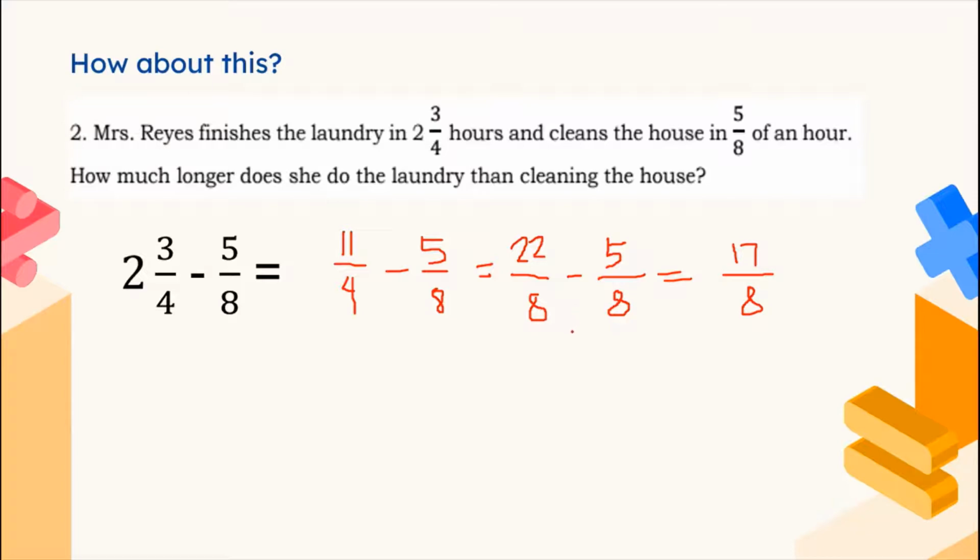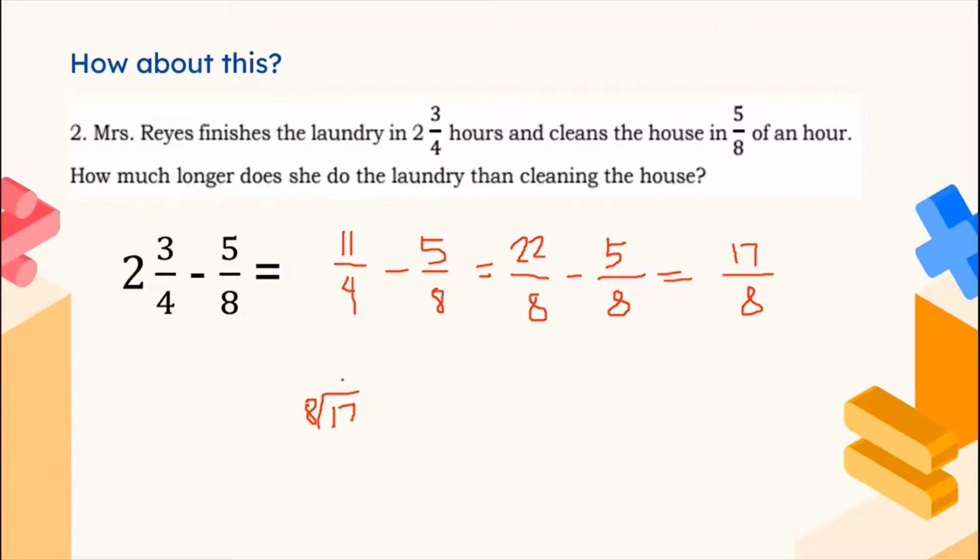Okay, so our answer is still an improper fraction. You already know what to do, grade 6. We're going to change this one into a mixed number by dividing 17 by 8. So this time, I'm going to use the division process. So how many 8s can we find in 17?